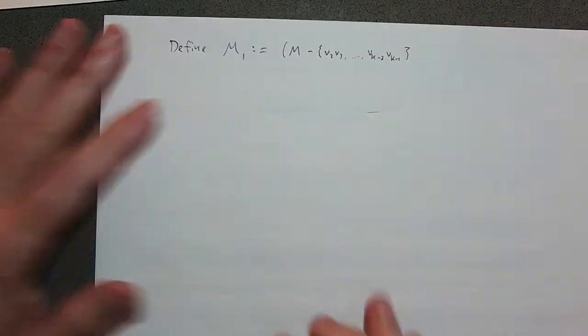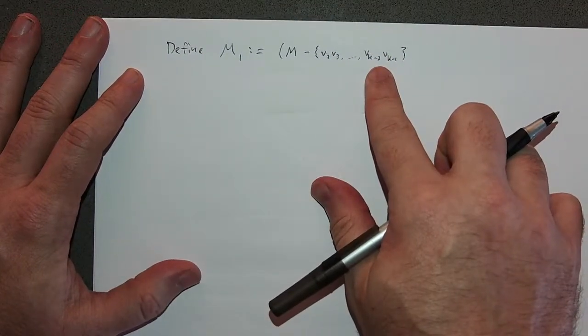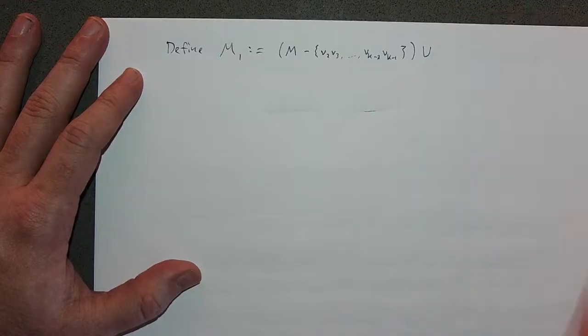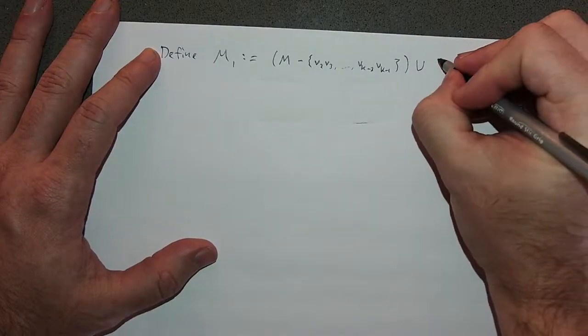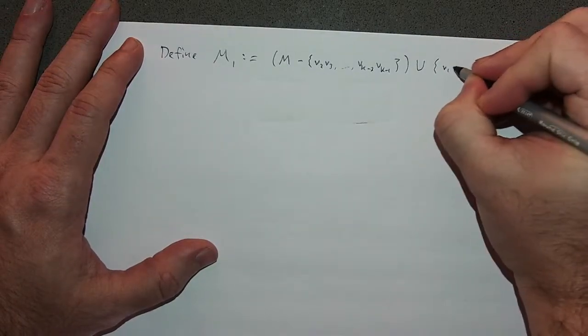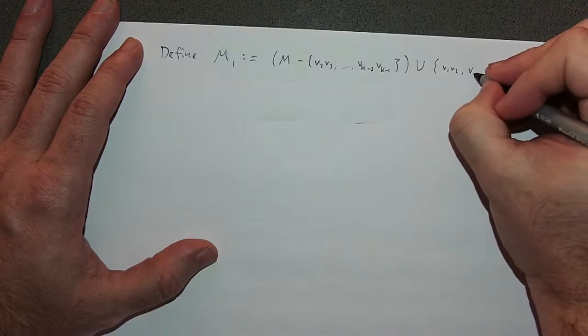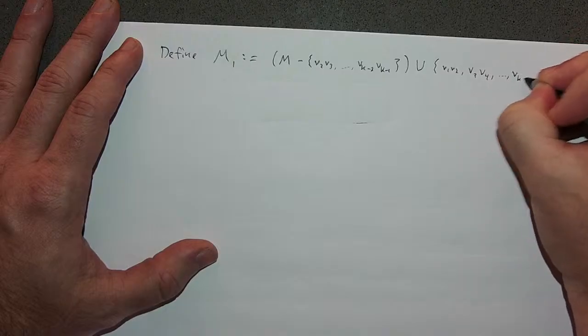So all the edges that we got here, we'll get rid of those. And then we are going to union those with the edges we know are not in M, which are the edges V1, V2, V3, V4, and so on up to V sub k minus 1, V sub k.